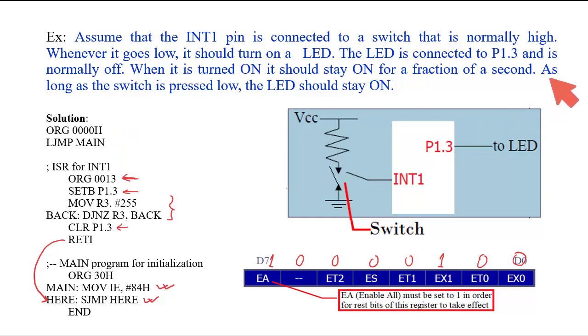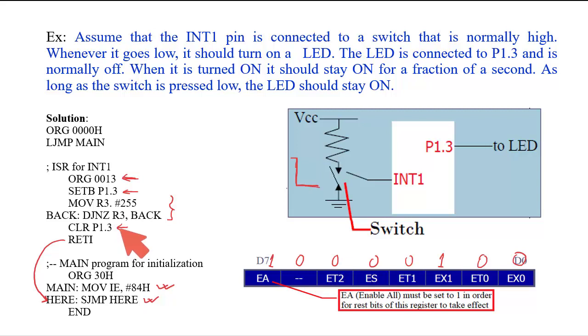Now how will this operation happen? As long as the switch is pressed low, the LED should stay on. How will this happen? If we keep the switch in the on condition, then at this point we will get a logic 0 signal. When the logic 0 signal starts, P1.3 will be logic 1 and the LED will glow. It will be off, but only for a very short duration.